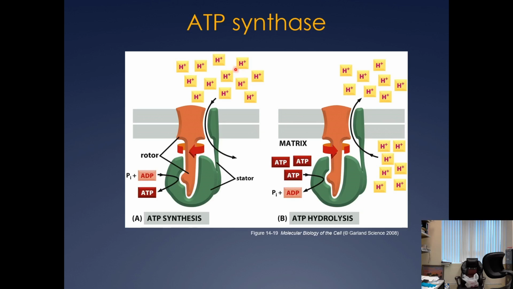And during the ATP synthesis, all of the protons flow through the ATP synthase, and the rotor actually spins, and it takes ADP and inorganic phosphate and converts it to ATP. And once again, this can be reversed, where you can take ATP and use it to establish the proton gradient. So it's a reversible reaction. And they know this actually rotates.